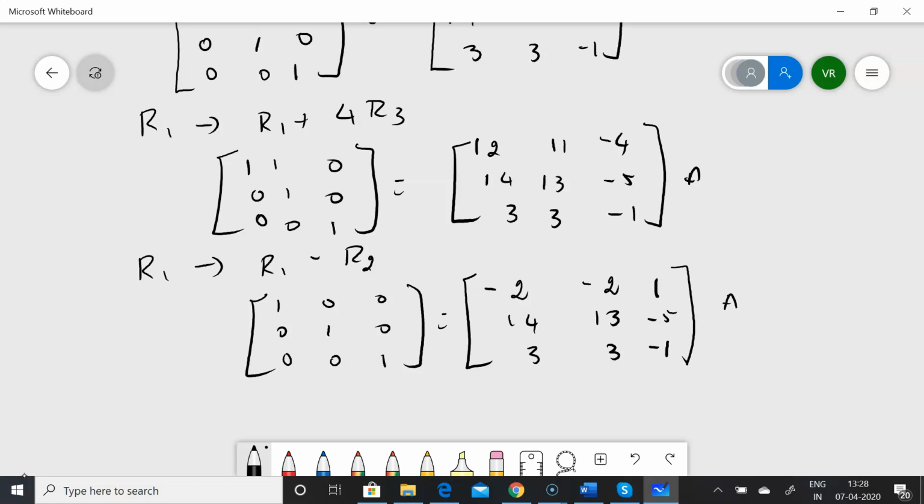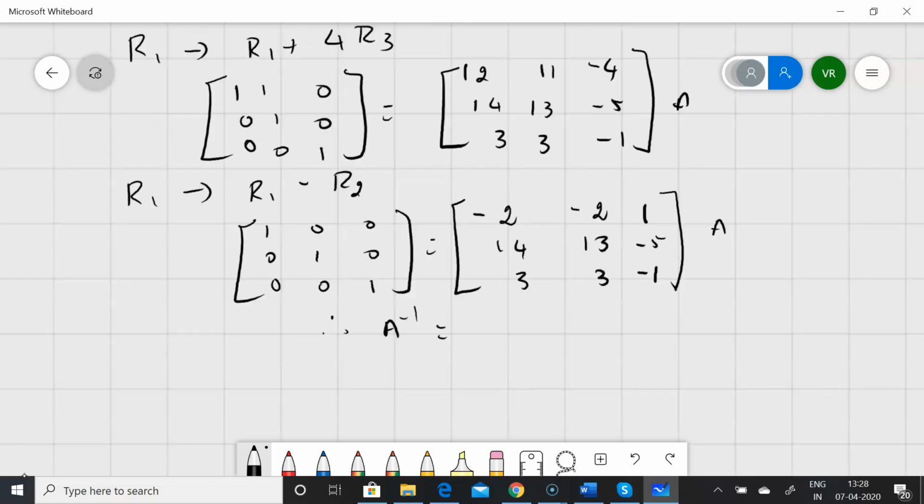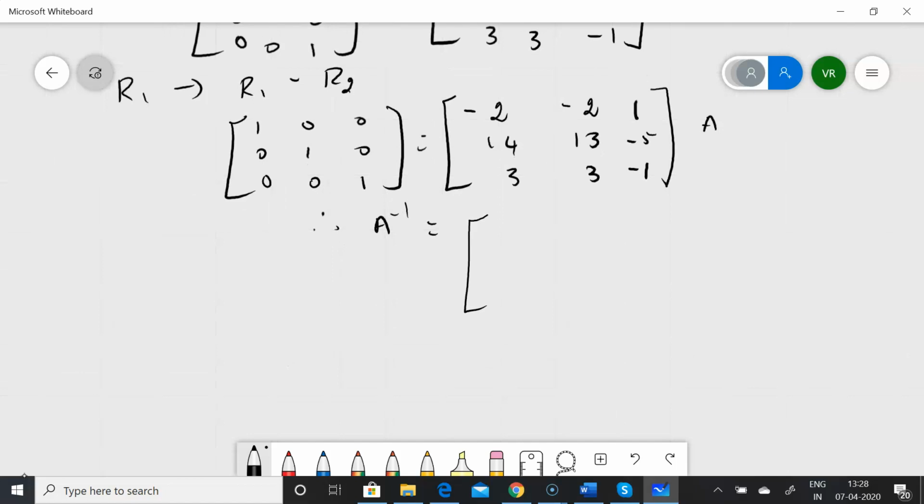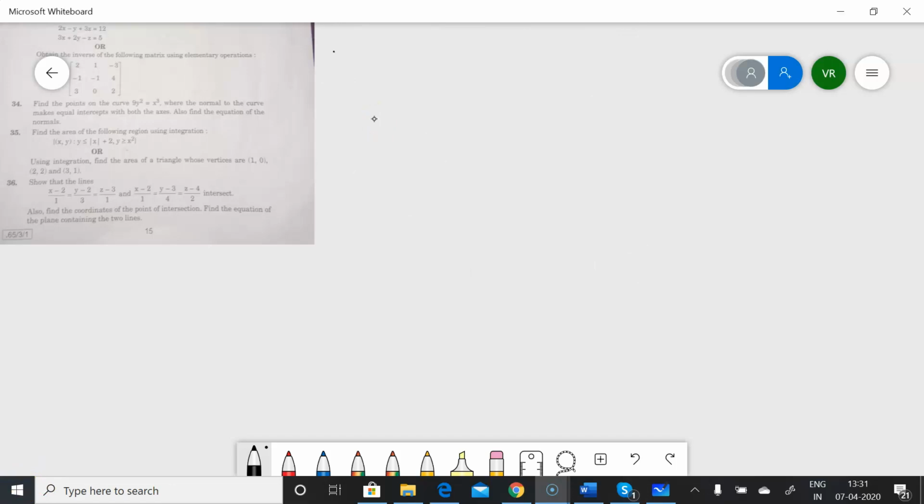So this is nothing but A inverse of A is I. So therefore A inverse is equal to minus 2, 1, 14, 13, minus 5, 3, 3 and minus 1.